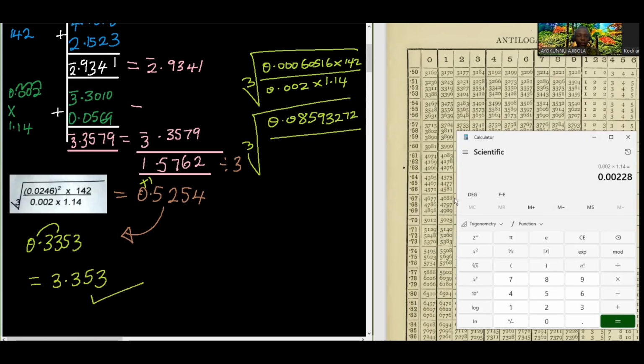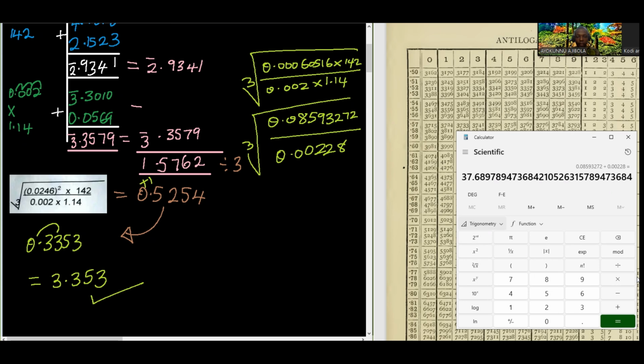So this gives me 0.00228. Then we're going to divide these together to get our final answer or to find the cube root. So 0.08593272 divided by 0.00228. So this gives me 37 point whatever it is.